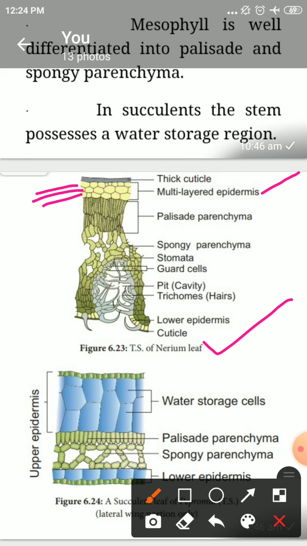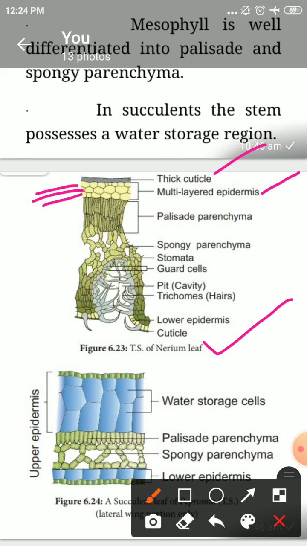To help this epidermis function, it is also deposited with a cuticle. There is a cuticle layer on the epidermis, and such a multiple epidermis deposited with cuticle acts as a very beautiful protective sheath or kavach around the plant body in the Nerium leaf.